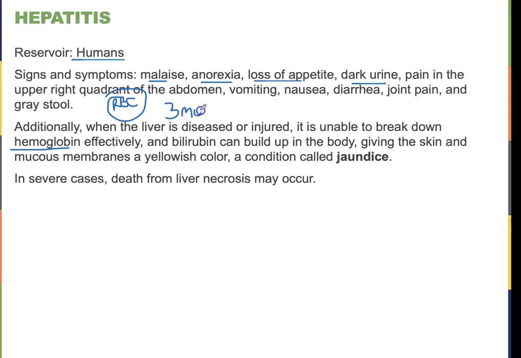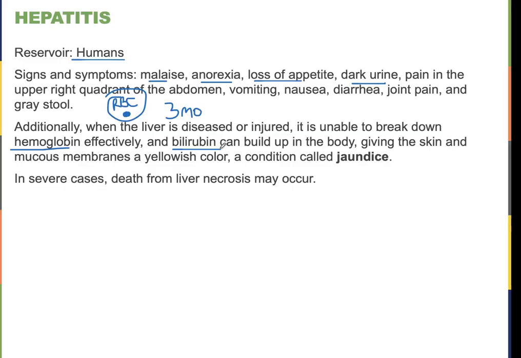So every day, your liver and your spleen are breaking down the red blood cells that you made 3 months ago. And the molecule of hemoglobin inside this protein has to be converted into a substance that can be secreted or excreted from the body. And so the liver will take that hemoglobin and make something called bilirubin.